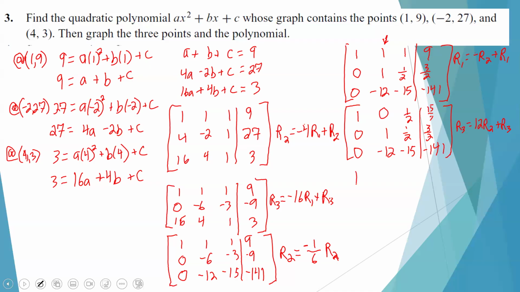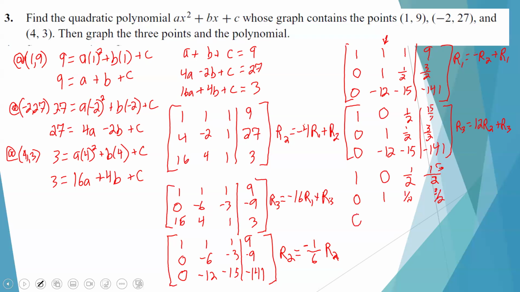So 1, we'll finish this piece. 1 half, and then 15 halves. 2 is not changing, so 0, 1 half, 3 halves. And then what do we get here?